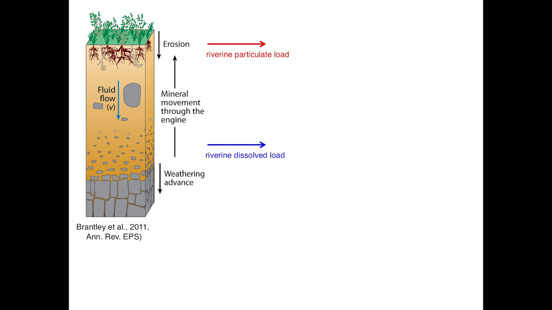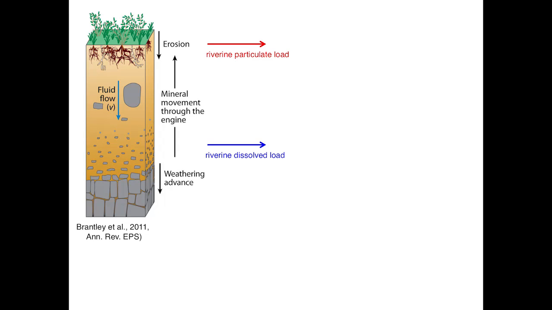So how intensely you weather, whether you take a rock and dissolve it 100%, one control on that is how fast rock uplift is occurring. Because if rock uplift is occurring really fast, erosion will physically move the weathering material out of the weathering environment before weathering can occur, right?